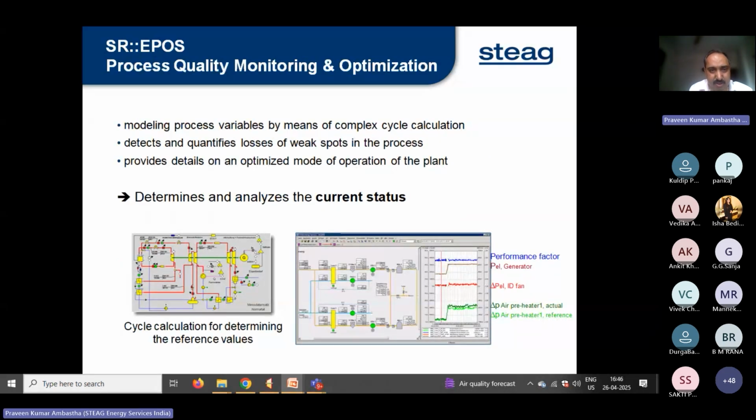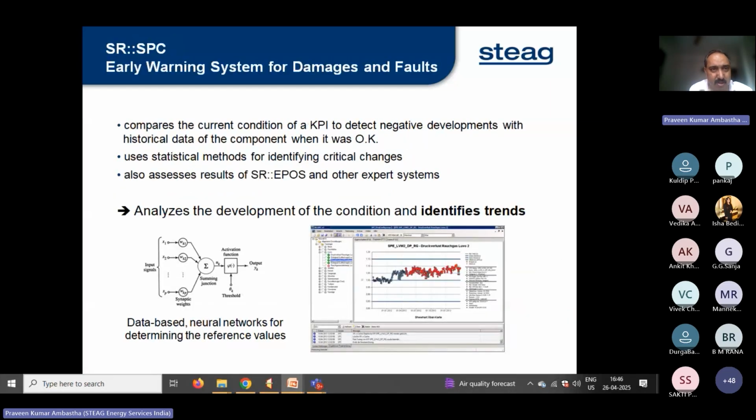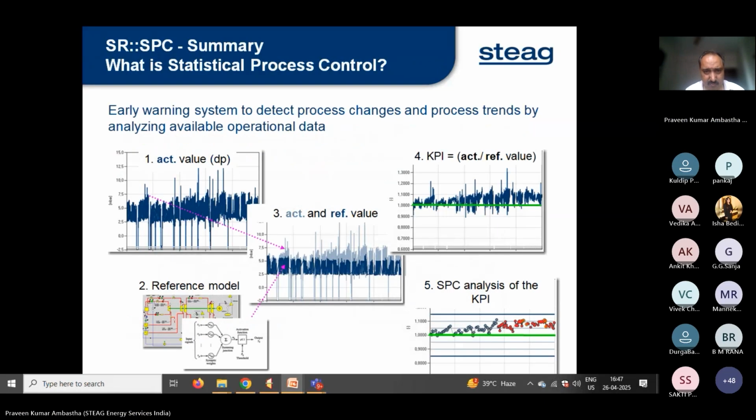So yes, these are some examples where we are having this early detection. So here on the right side, you can see we have developed the KPI and we find out the fault. And here the fault will be very clear, because we are having the actual value. And you can see the reference.